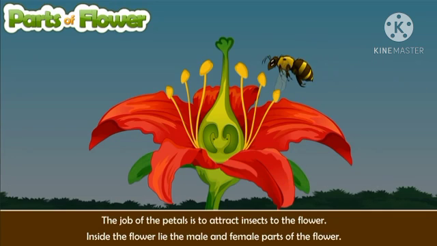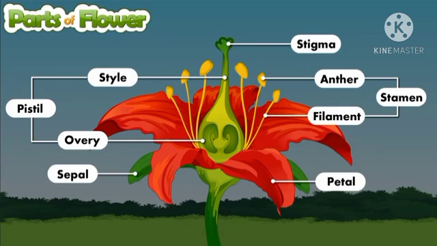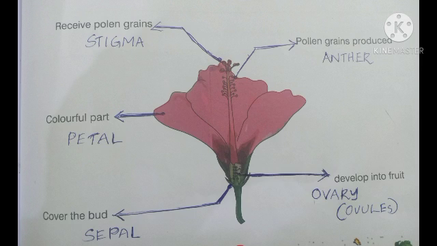The job of the petals is to attract insects to the flower. Inside the flower lie the male and female parts of the flower. These are the main parts of the flower: stigma, anther, petal, sepal, ovary.